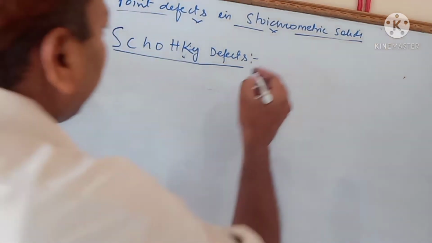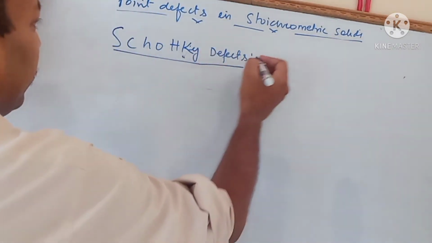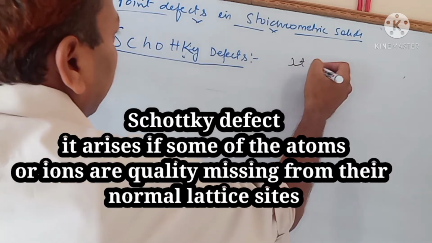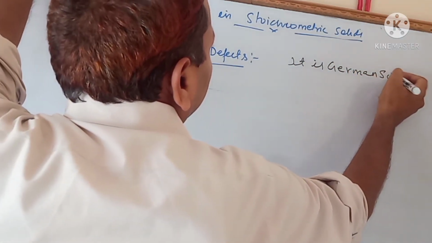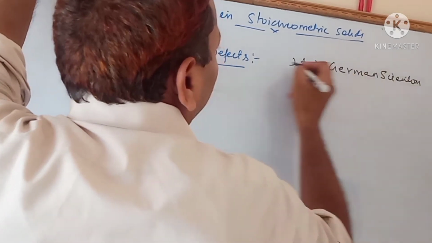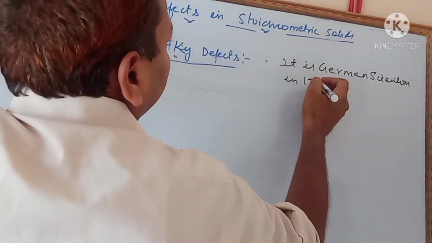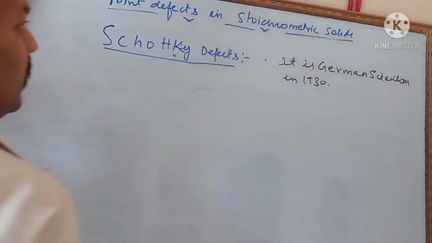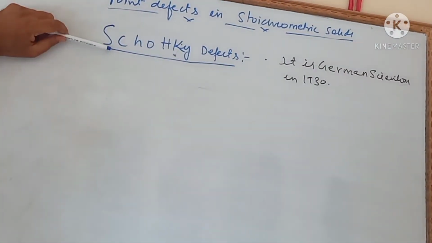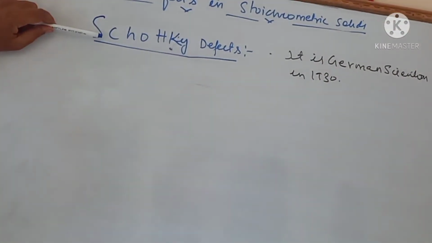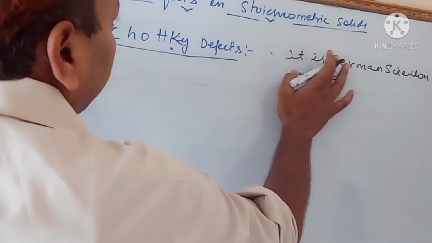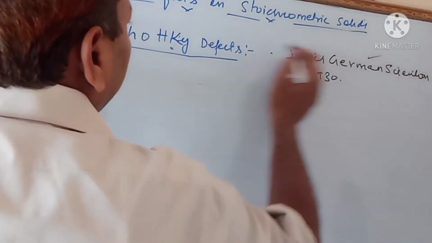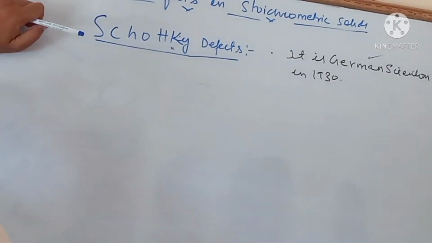The Schottky defect is named after a German scientist, who gave his theory in 1930. Schottky is a word, a name; it was discovered by a German scientist, the Schottky defect in 1930. That is the first point.